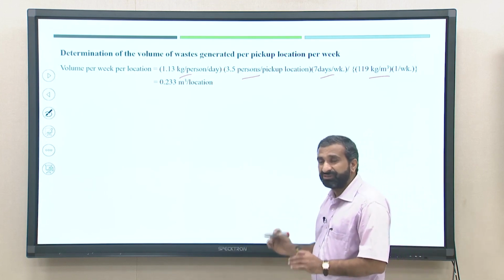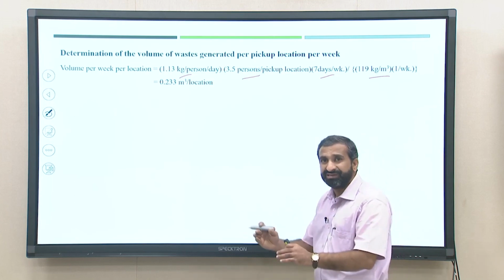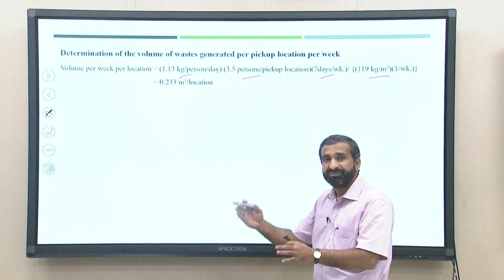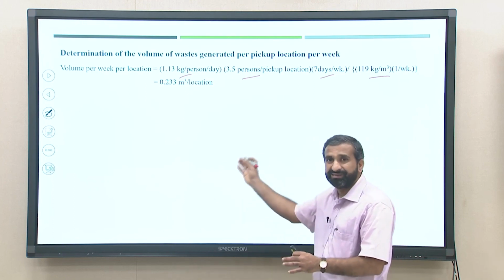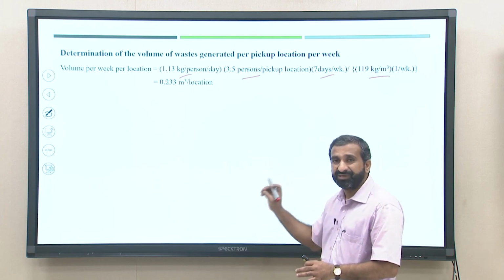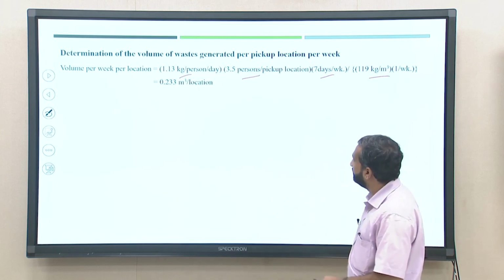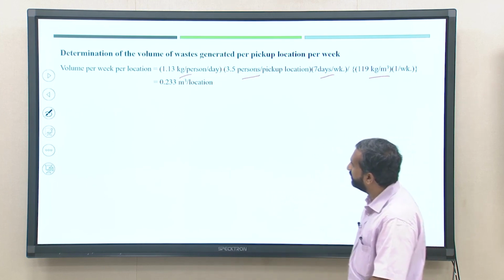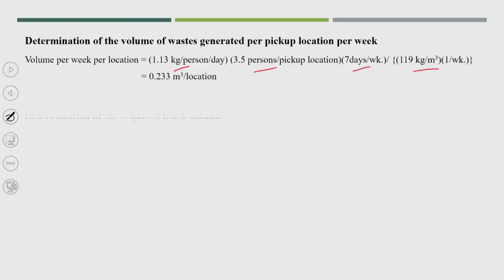Sometimes it is possible that the value is directly given in meter cube per day. Then we just multiply it by the number of residents in that particular location and by 7, the days in a week. Here we got the volume per week per location as 0.233 meter cube per location.